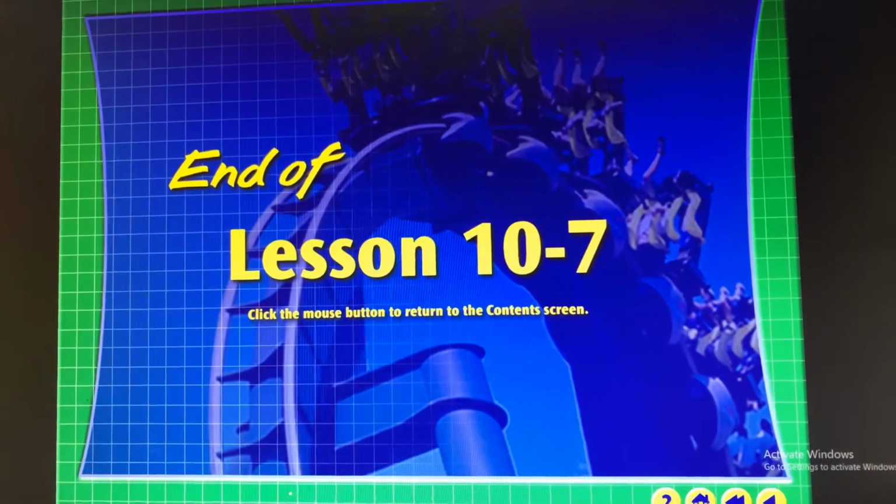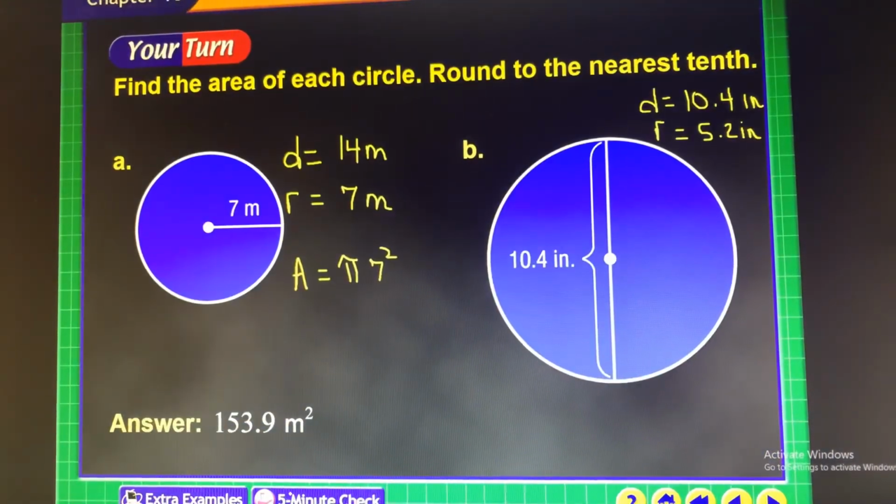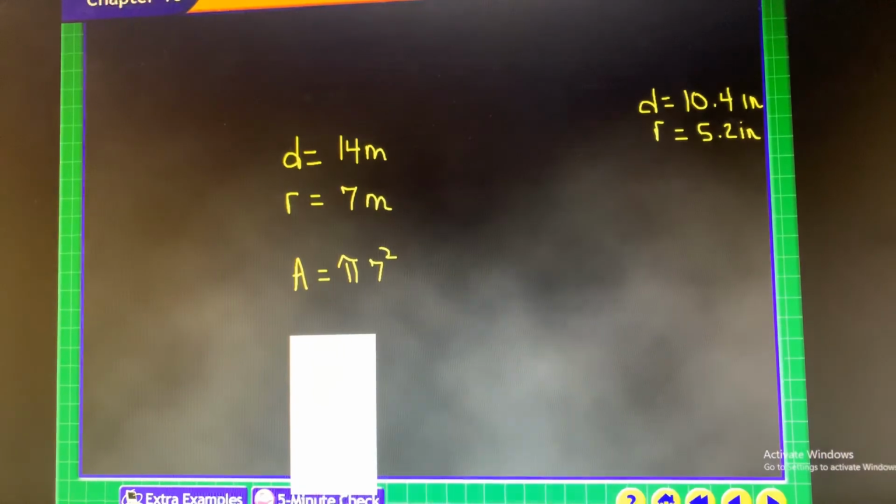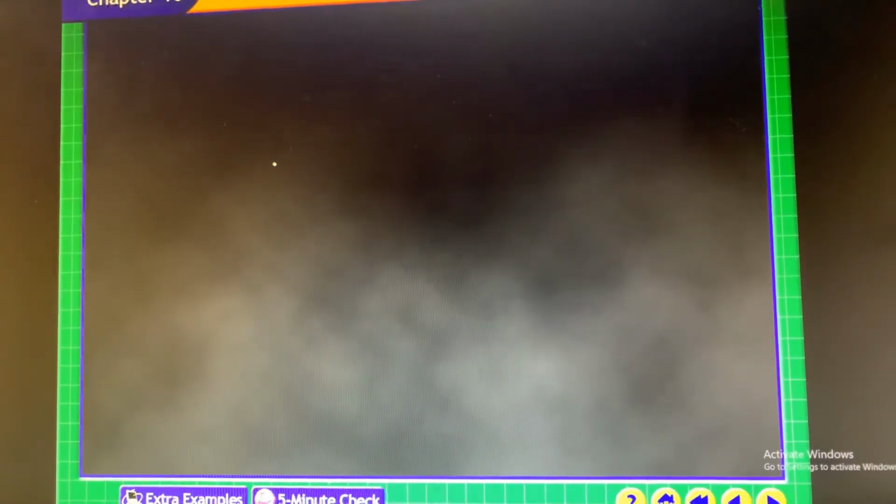That's it. The only thing that I worry about is there's a problem in your homework that has to do with working backwards for area. So let's say I tell you that the area is equal to 110 feet squared.